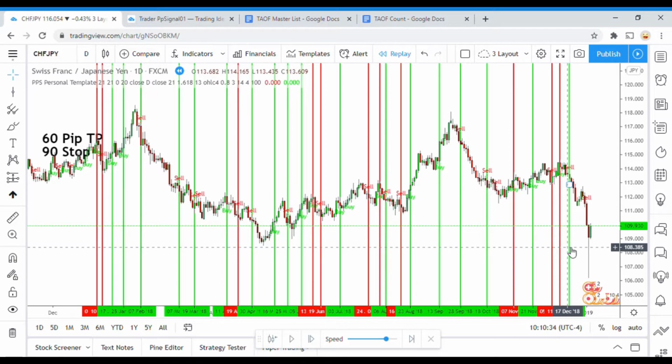So we have 29 signals all together, and we have 18 winners. Alright, and so we barely clear the 60% marker, but it definitely made it into the 60%.